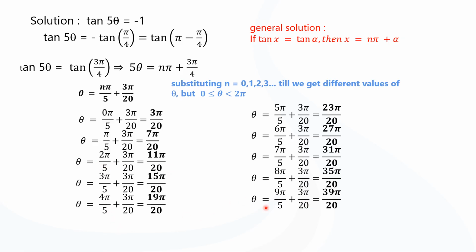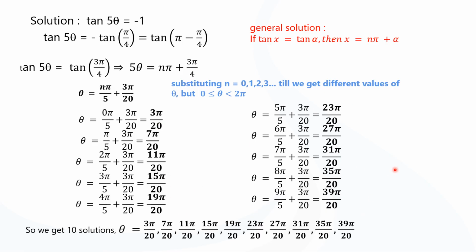If I substitute n is equal to 10, 10 pi by 5 is already 2 pi, so that exceeds 2 pi. So we have to stop over here. We are getting this 5 and this 5. That's 10 solutions. Got this?